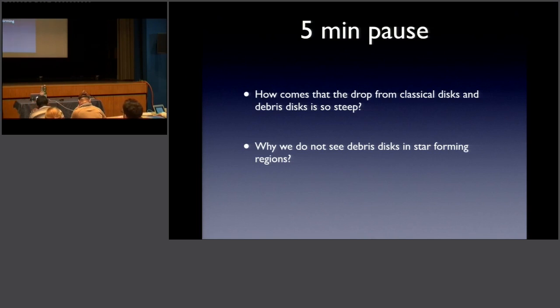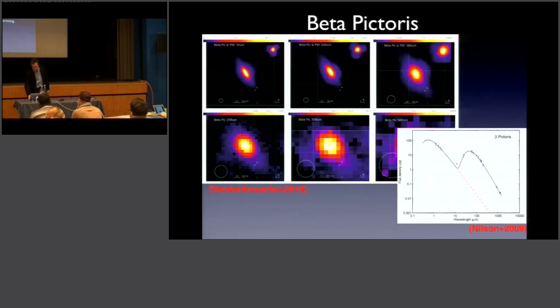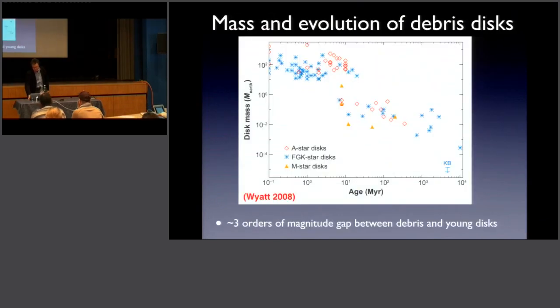A few of you had the idea that there might be different processes going on there, and one of the ideas was, what if the ages of these stars are wrong? So they are not overlapping in age. Let's go back to this plot. What if this axis is wrong for these stars, and actually these stars are not here but there? Then it could be a normal fall off.